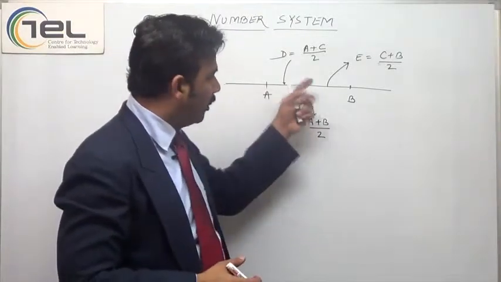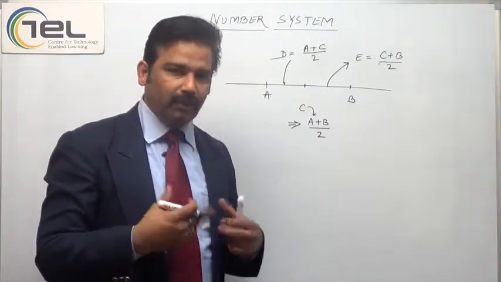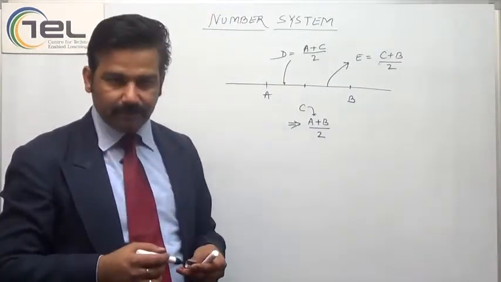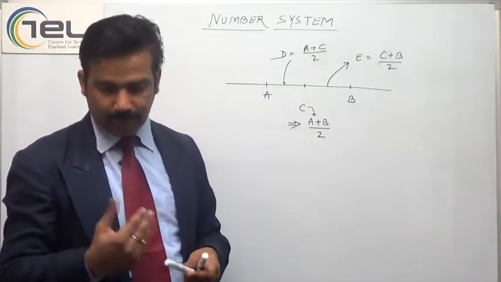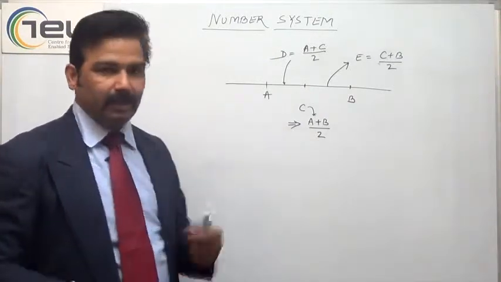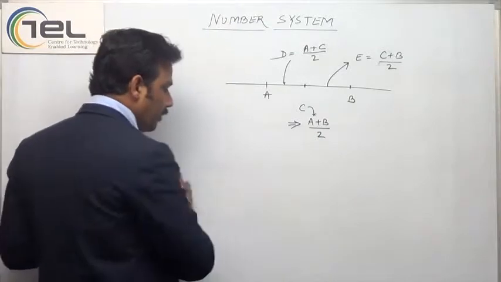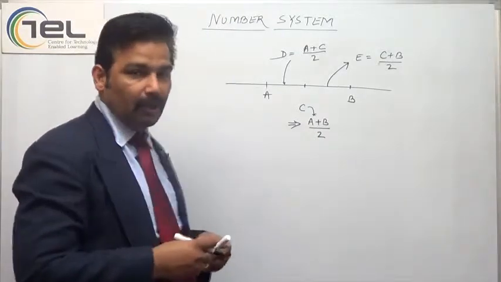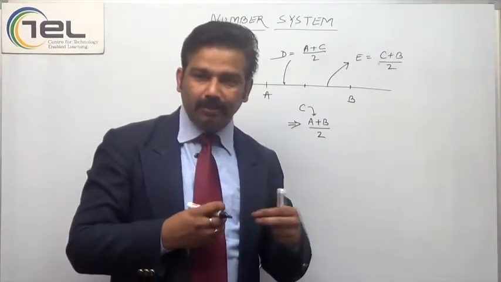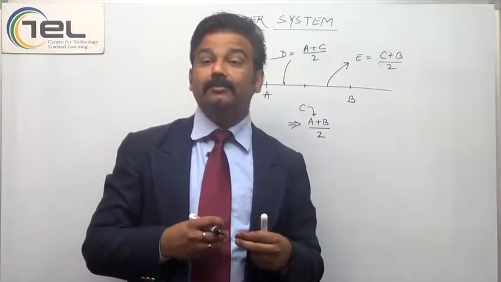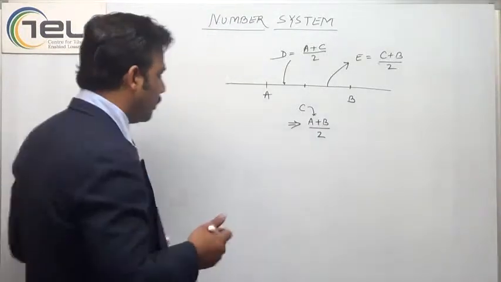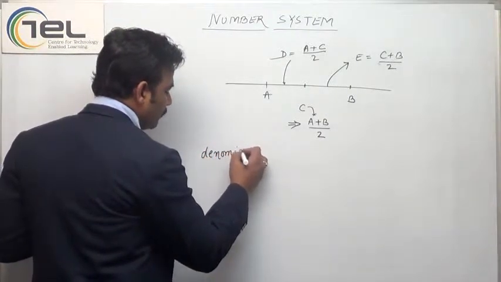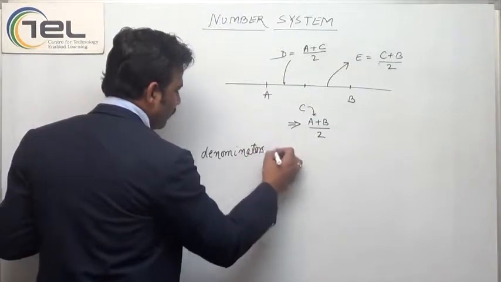So this is one of the ways in which we try to find as many rational numbers as we need between two numbers. Moreover, we will try to find the rational numbers with the concept of making denominators the same.